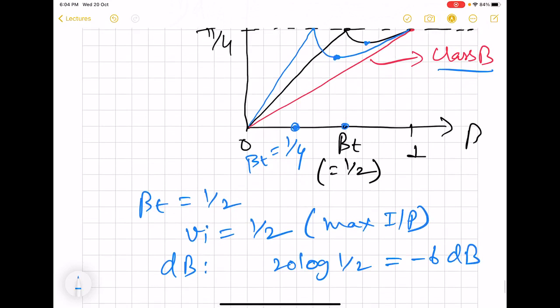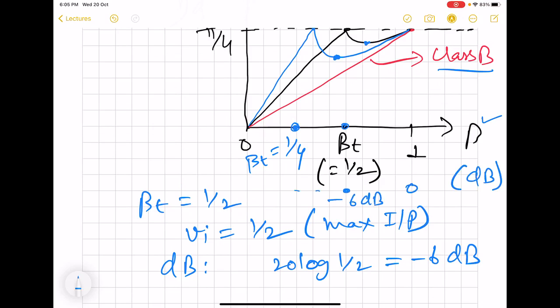So this x-axis, which we have designated in terms of beta up till now, is also designated in terms of input voltage or input power. And in dB scale, this 1 becomes 0, and this beta t is equal to 1 by 2 point becomes minus 6 dB, and so on.